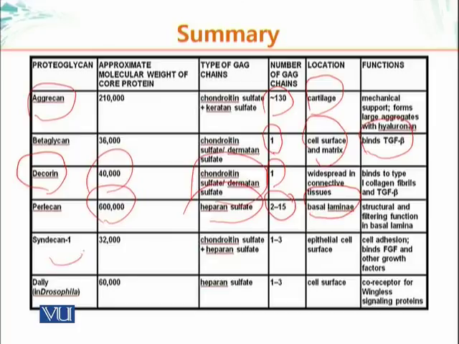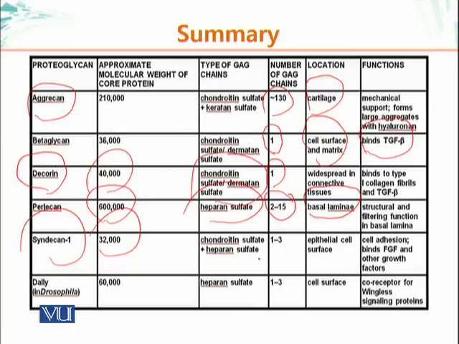Syndecans, we have just talked about. They have a core protein molecular weight of 32,000, and they have 1 to 3 GAG chains present in epithelial cells. They have a role in cell adhesion, and they can also bind the FGF molecule, which is a ligand, and present it to the respective receptor.